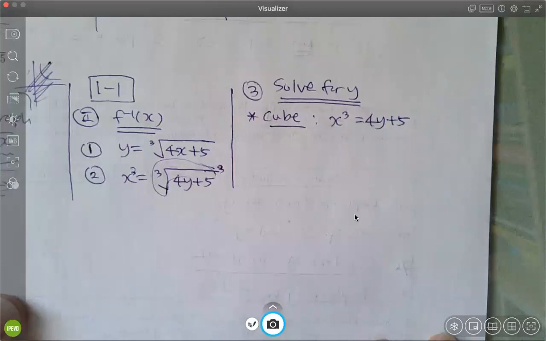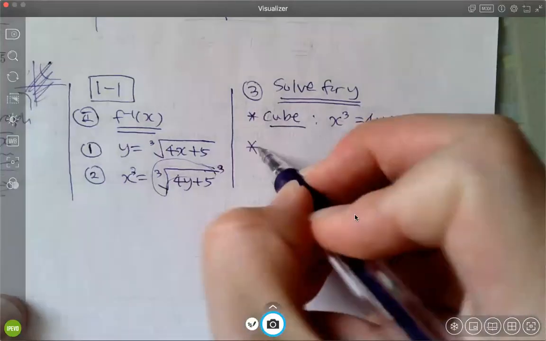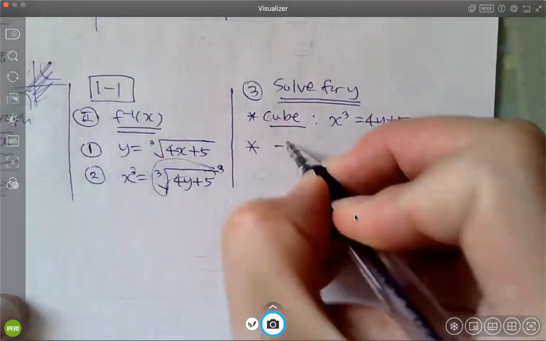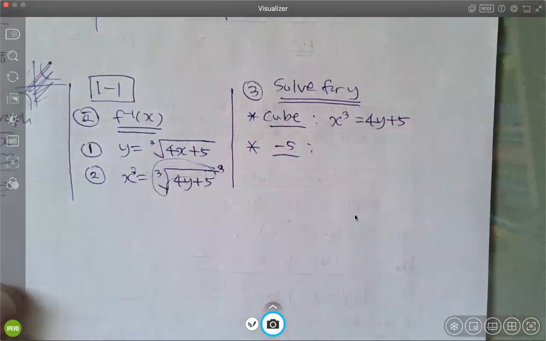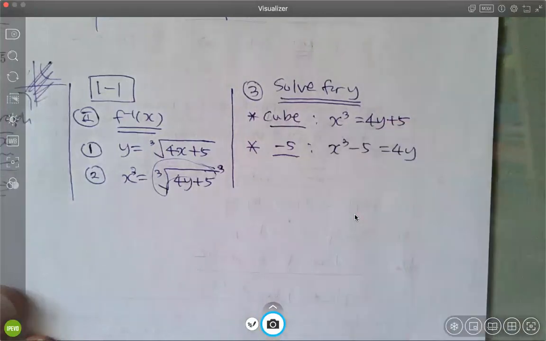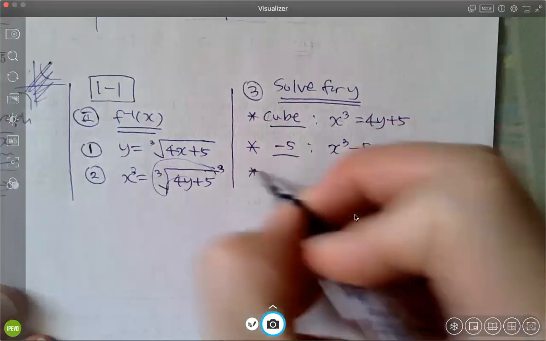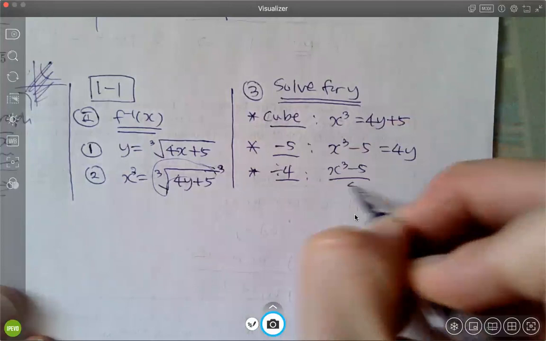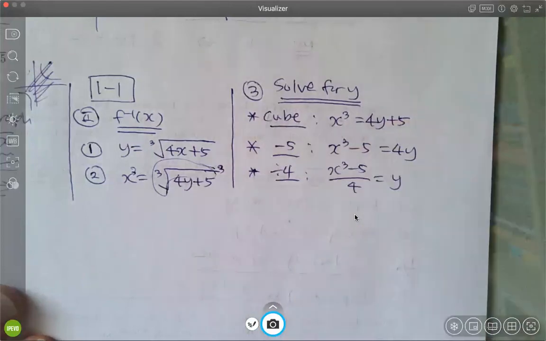Okay, and then at this point, it's kind of straightforward, right? So now what do you do? Minus 5, right? So you have x cubed minus 5 equals 4y. And then the next thing, divide by 4, right? So x cubed minus 5 all over 4 equals y. Okay, and then the last one is pretty simple.